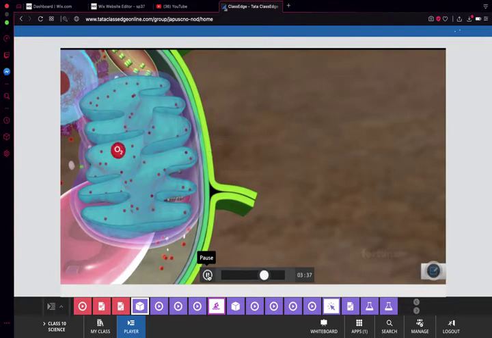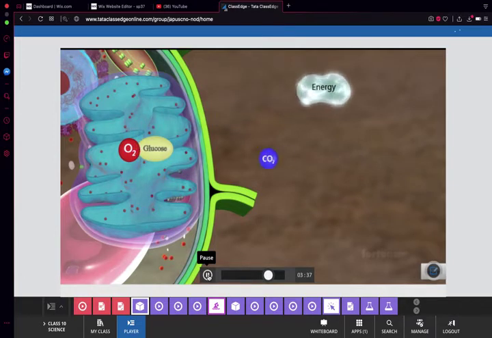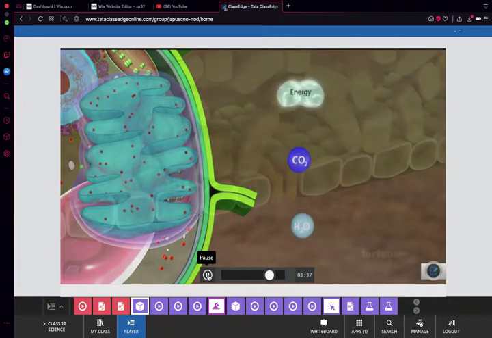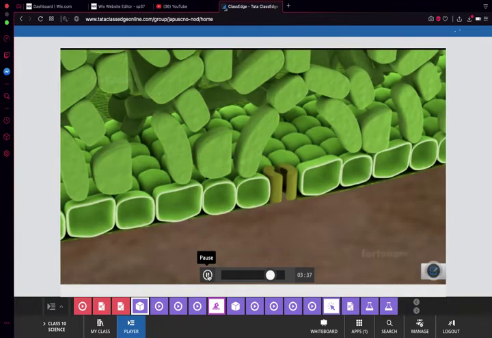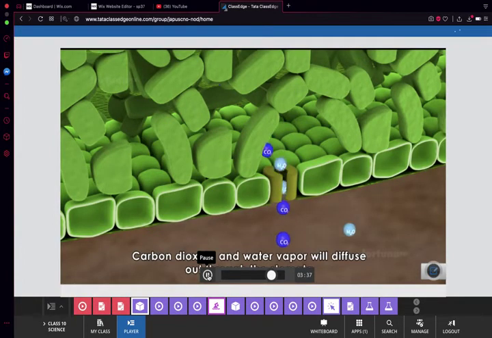In the mitochondria, oxygen will react with glucose in a biochemical process called Krebs cycle, which occurs after glycolysis in cytoplasm. During this process, there is release of energy, carbon dioxide, and water vapor. While the energy is used by the plant, carbon dioxide and water vapor will diffuse out through the stomata.